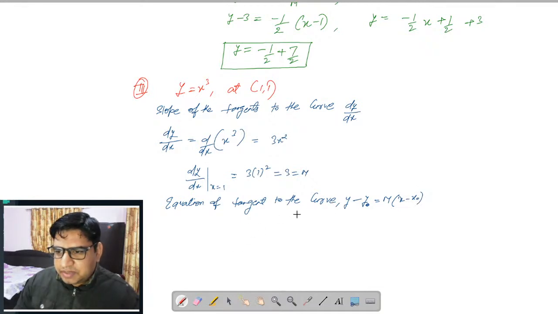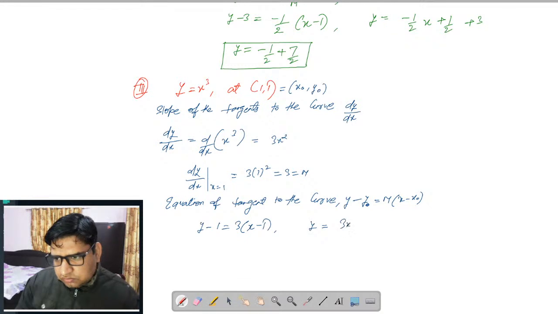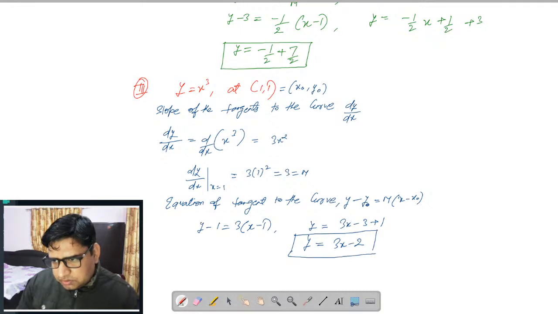Here this is x naught and this is y naught. So y minus 1 is equal to 3 times x minus 1, and that will be y is equal to 3x minus 3 plus 1, which results in y is equal to 3x minus 2. So that is the equation of the tangent to the curve at the point 1 1.